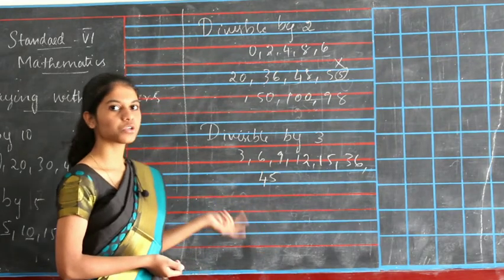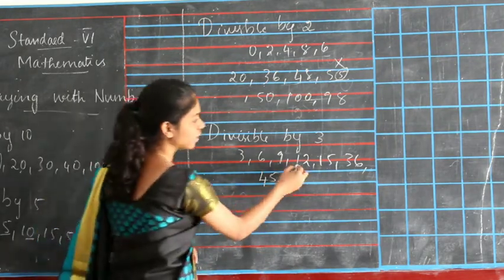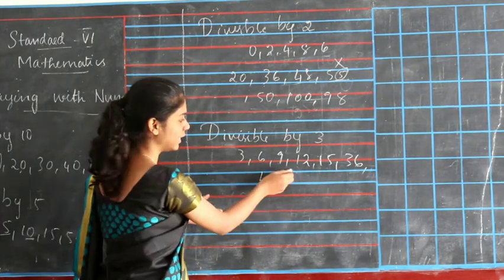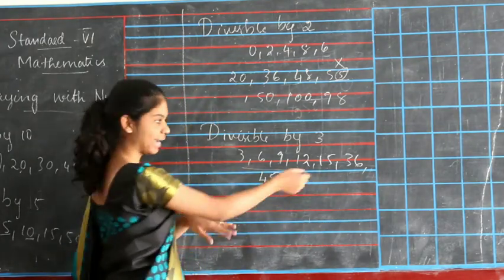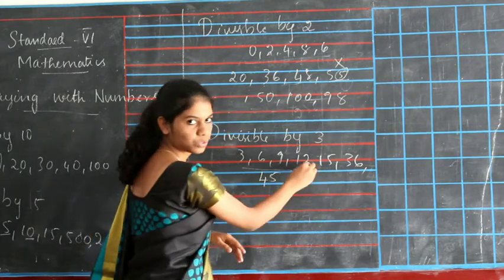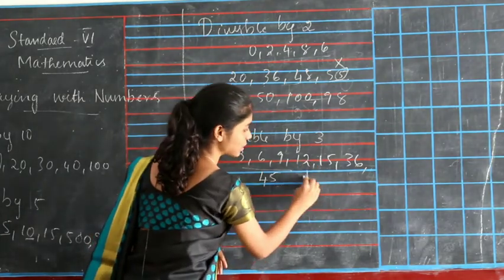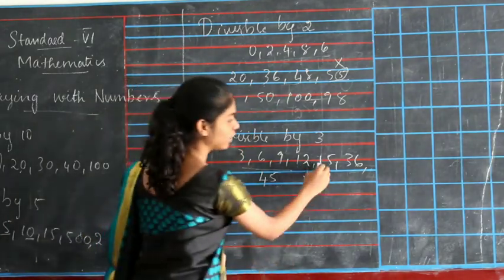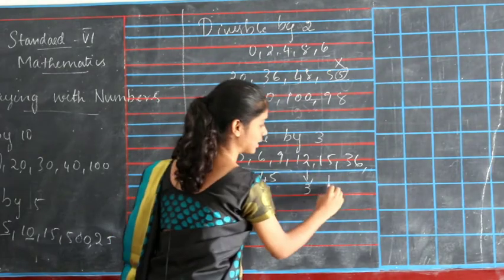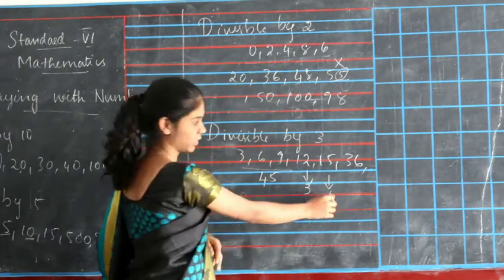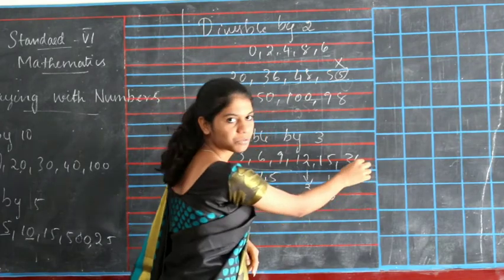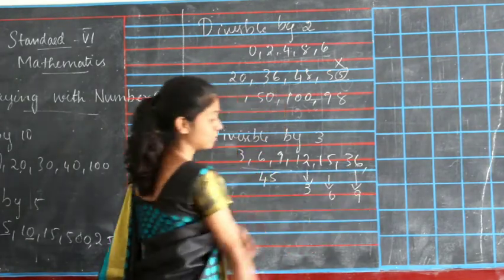So what we'll do is, we'll leave the single digit numbers and add the digits of the 2-digit numbers. 1 plus 2 is 3, which is divided by 3, and 1 plus 5 is 6, which is divided by 3, and 3 plus 6 is 9, which is divided by 3.